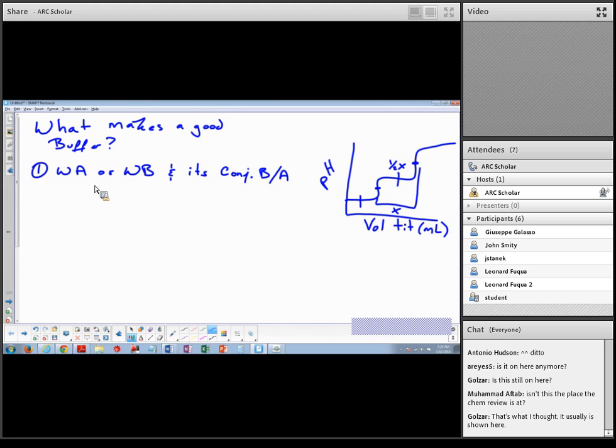It's important that you have the conjugate. So you have that weak acid or weak base with the corresponding conjugate.